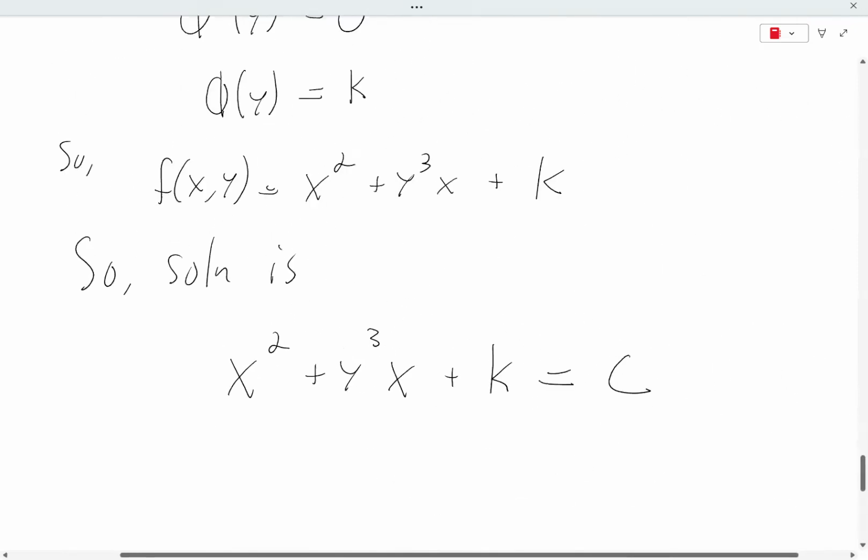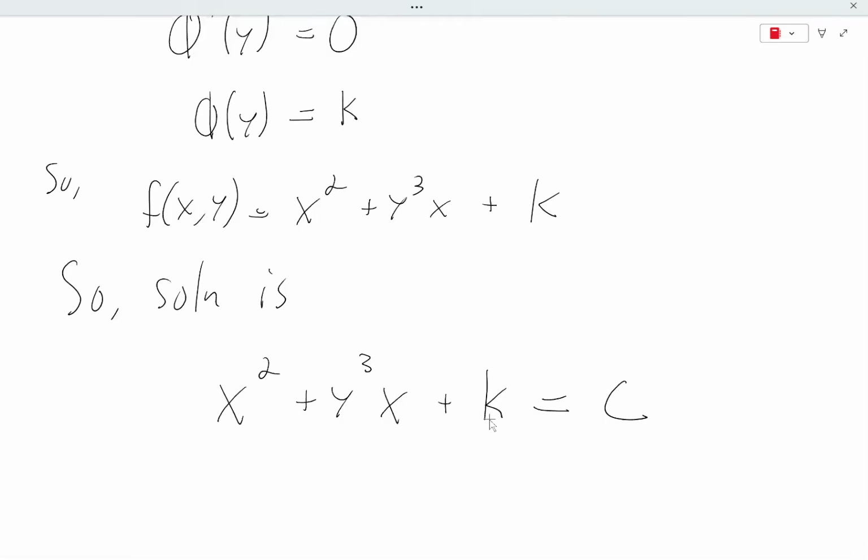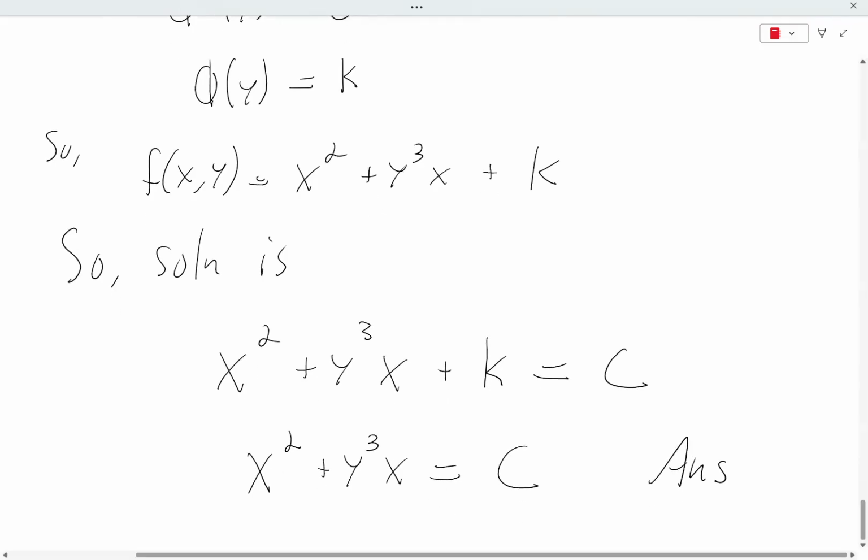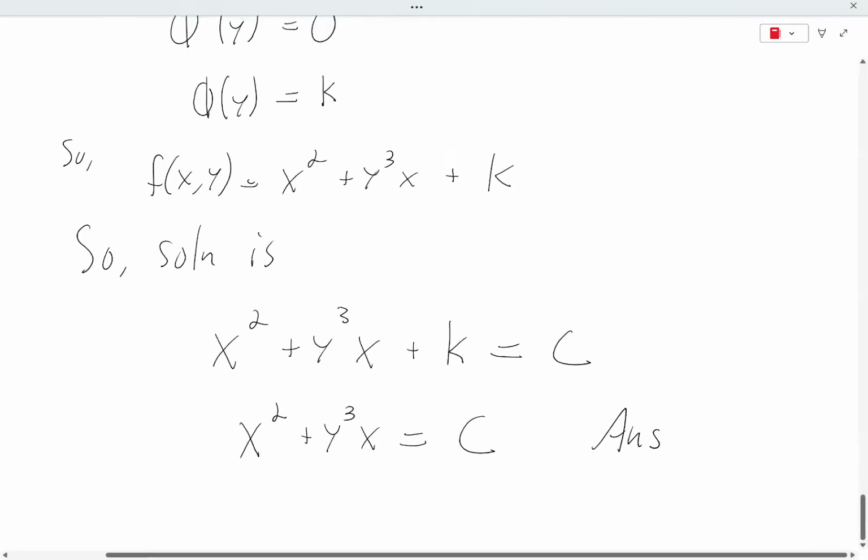But really, you don't need this k and the c. I can move the k over and lump it in with the c. So you get x squared plus y cubed x equals c. That's the solution to the differential equation.